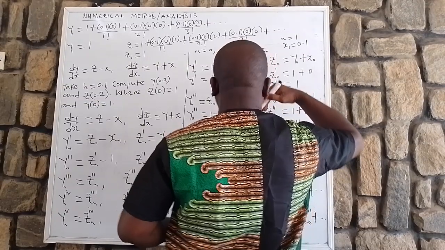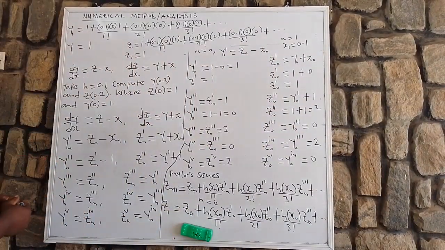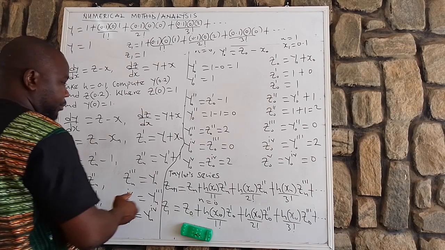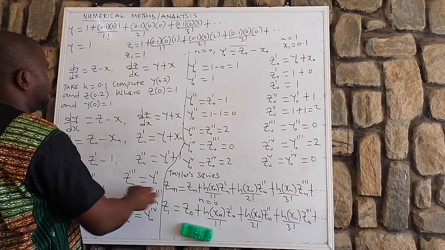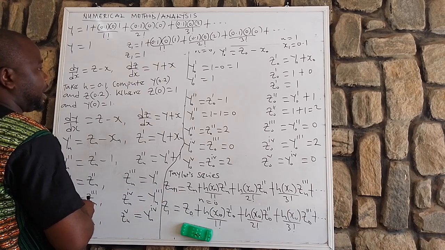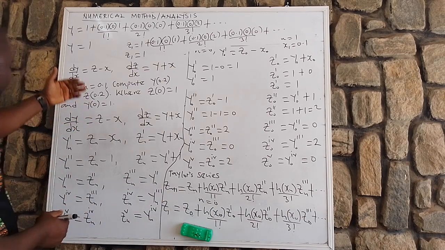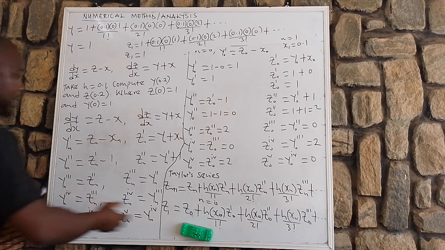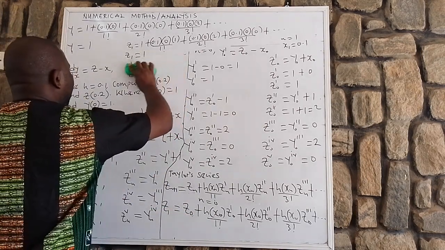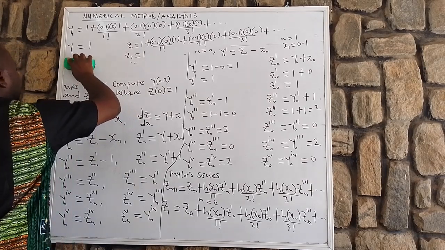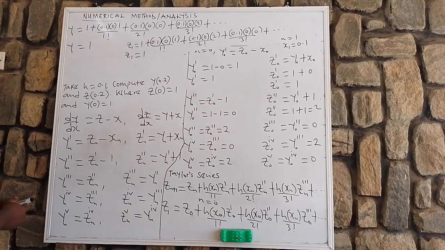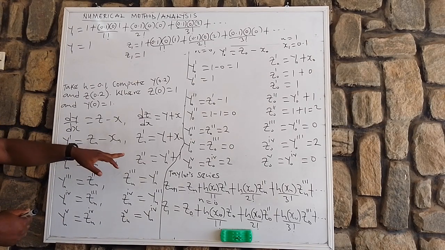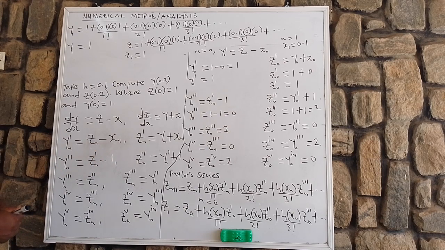Okay, we need all these things, so let me clean here. If I clean here, it means when n equals 1, all these ones will still come back to them.